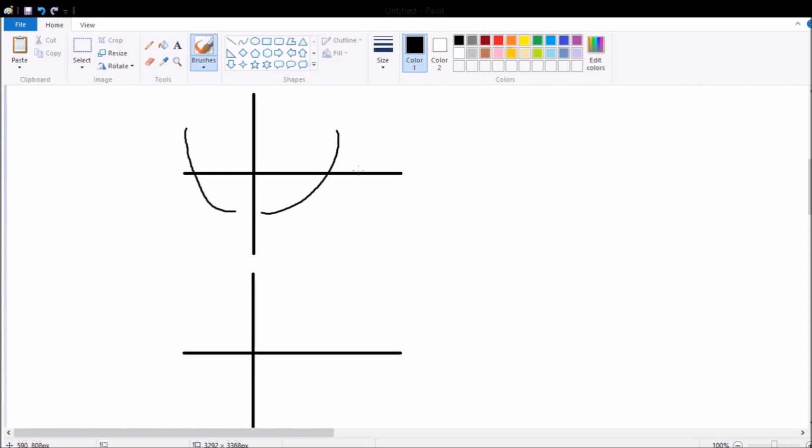This is concave up, and then concave down is like this, or like this, where the function is kind of expanding outwards but pointing inwards. So that's concave down and concave up, and that's concave down.